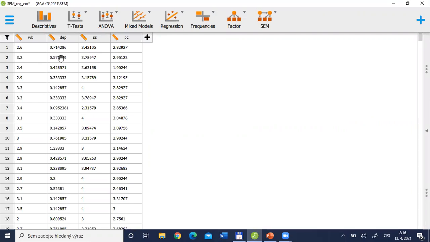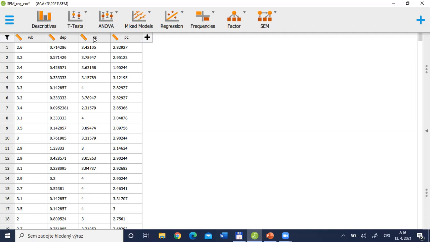We would be computing the relationship of well-being to social support and proactive coping. It is expected that well-being is positively related to both of these phenomena, so it is expected that both these regression coefficients would be positive.